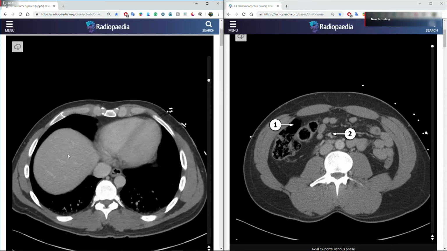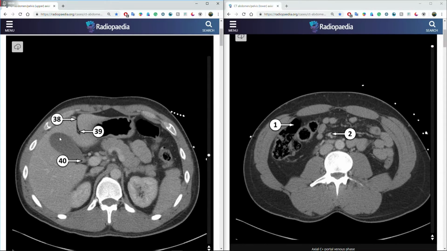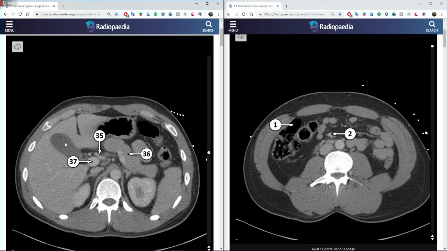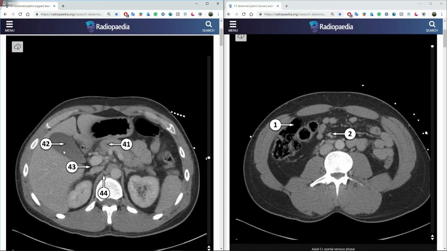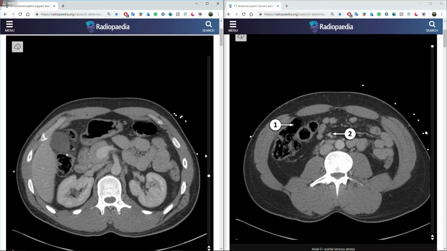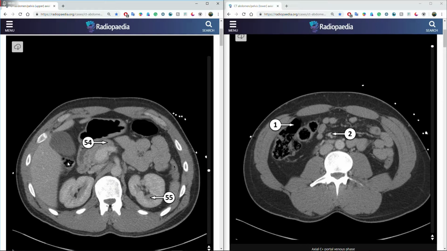So moving inferiorly past the liver, we can start to see the shadow forming. That's the gallbladder. We have the head and then the fundus of the gallbladder at the end. As we continue onwards, we will see this, which is the hepatic flexure, the right end of the transverse colon.